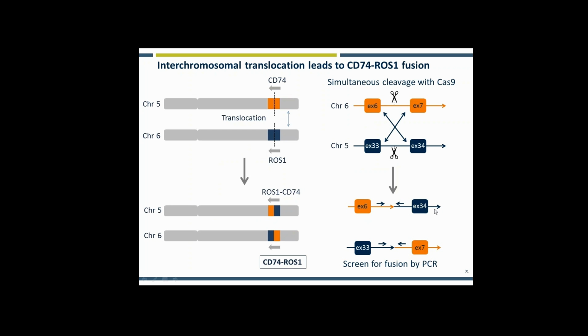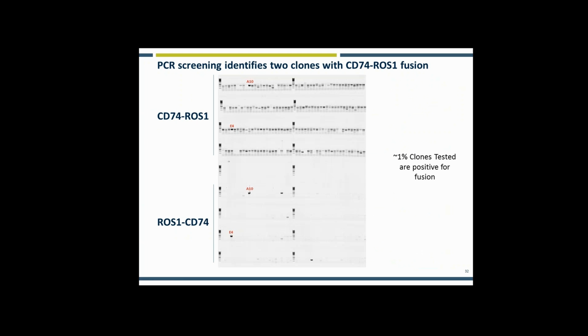So in this case, we're trying to introduce the CD74 ROS1 fusion. And so we have primers in CD74, primers in ROS1, and we can look for evidence of the translocation in our clones. On this occasion, we plated out approximately 200 clones, and of those we screened, we found 2 that were positive for the presence of the translocation.